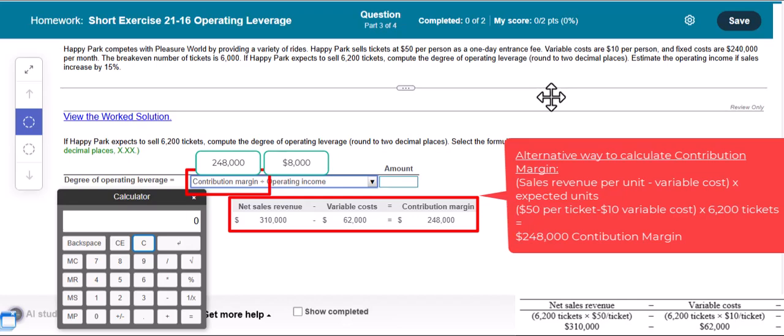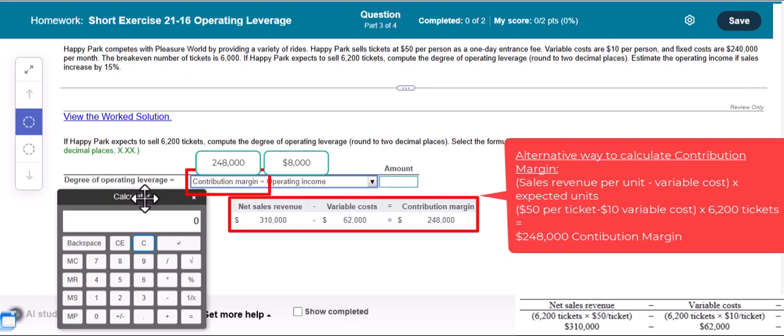There's also an alternative way here to calculate this contribution margin, and it's to use the unit contribution margin. You take the sales revenue per unit, which is this $50 per person. You subtract out the variable costs, so that would give us $40 per person or per ticket. And then you would multiply that by the 6,200 tickets.